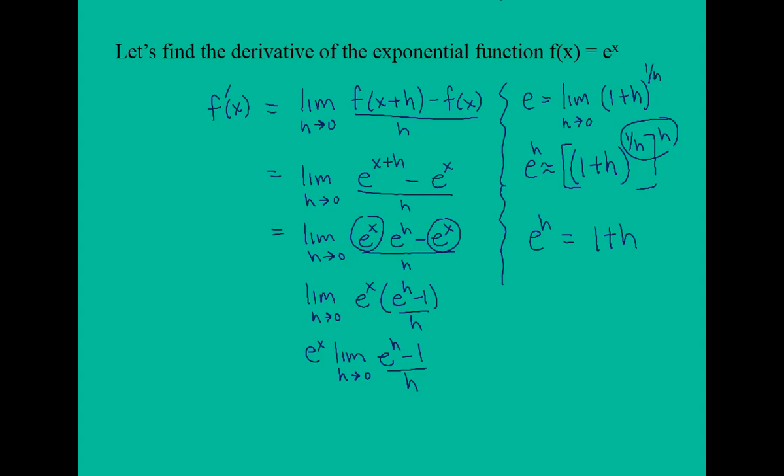Now we can use this to complete what we are doing down here. See, we have e to the h defined as 1 plus h, so we're going to replace that here.